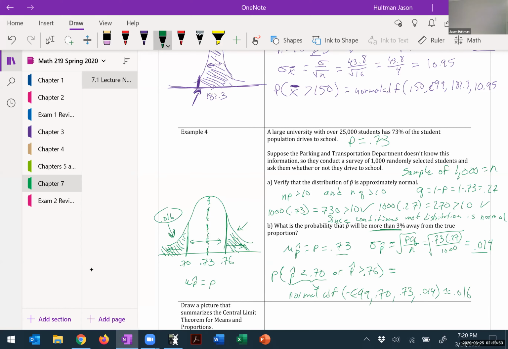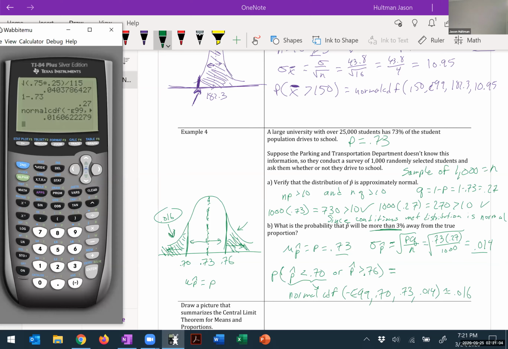Now again, if we did the exact same calculation for this guy, what's greater than 0.76, I would change the order and say from 0.76 to infinity. The mean is the same, the standard deviation is the same, and we hit enter and get the exact same number.